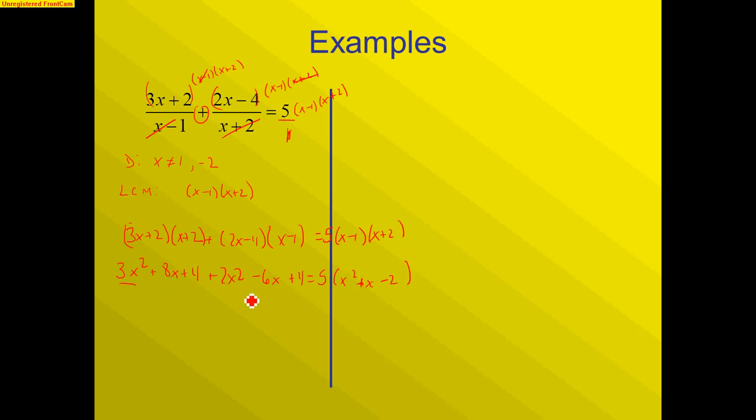So what do I have here? 6x squared plus 2x plus 8 is equal to 5x squared plus 5x minus 10. Therefore, x squared minus 3x plus 18 equals 0.